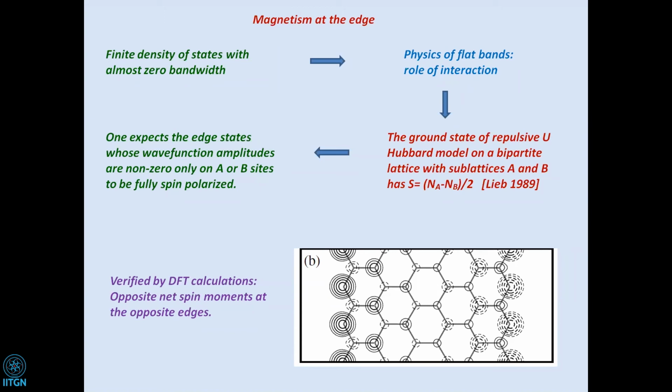You see, what Lieb said is that if you have a bipartite lattice, and a Hubbard model on that lattice of spinful electrons, in the limit of really strong interaction, which is the case here because your kinetic energy is 0 for these states, you're going to have a ferromagnetic state where the total magnetization is the difference between the occupation of the A and B sublattice.